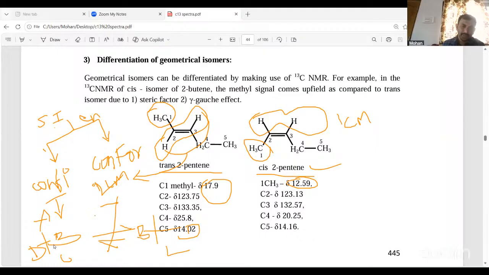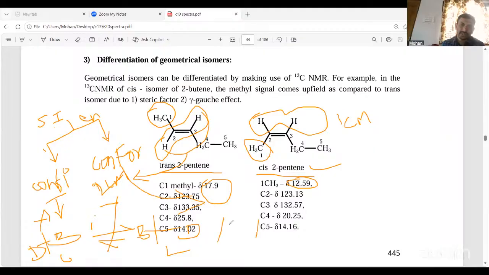So these won't interconvert from one conformer to another conformer below 100 kilocalorie energy. So these are called the configurational isomers, and then the conformational isomers.